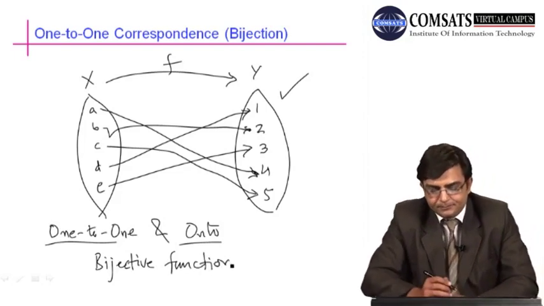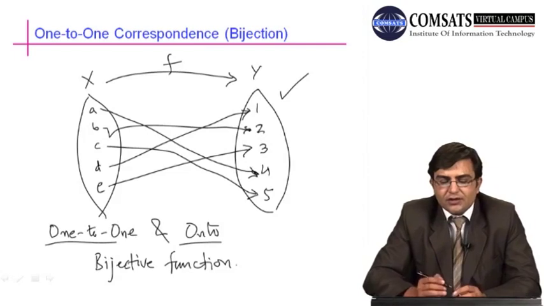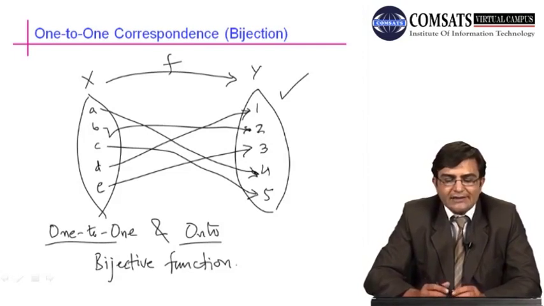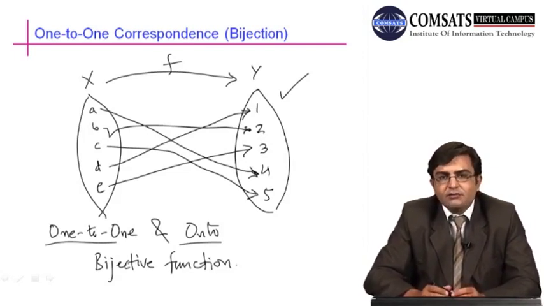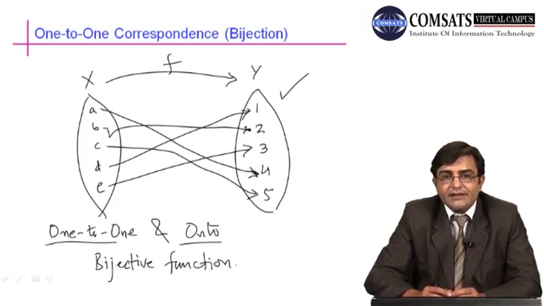On finite sets, there is a one-to-one correspondence between the elements of X and the elements of Y. So this is what a bijection is. We can discuss it for finite sets.